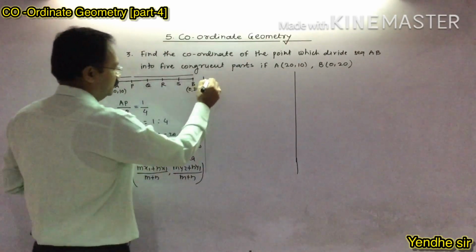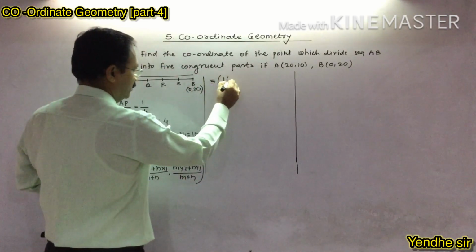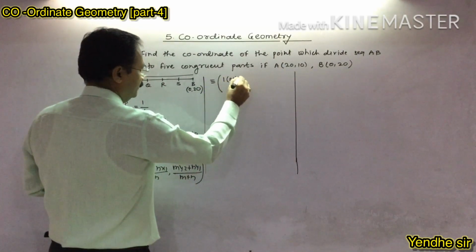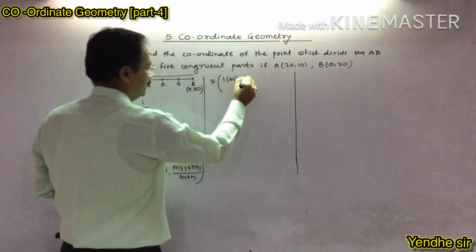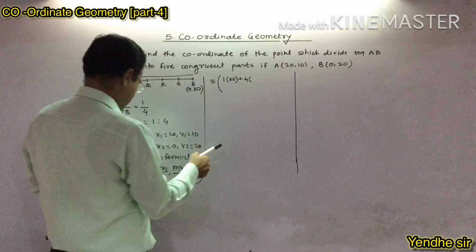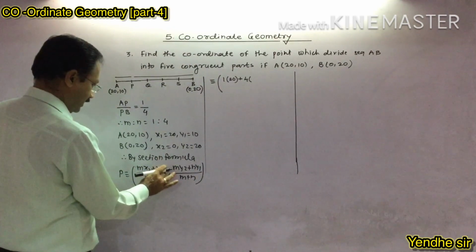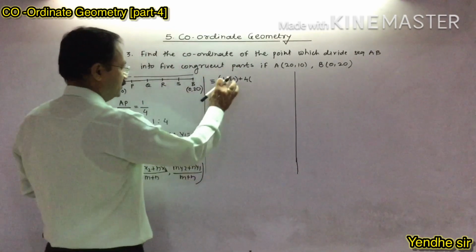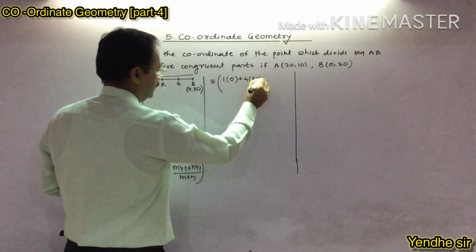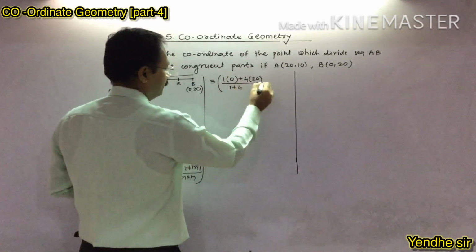Now substitute the values. m is 1, and in the bracket you write x2, which is 0, plus n, which is 4, times x1, which is 20, upon m plus n, meaning 1 plus 4, comma.